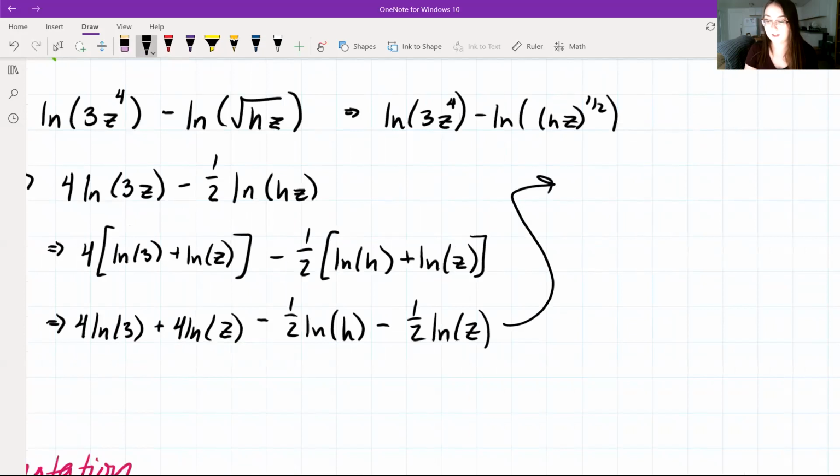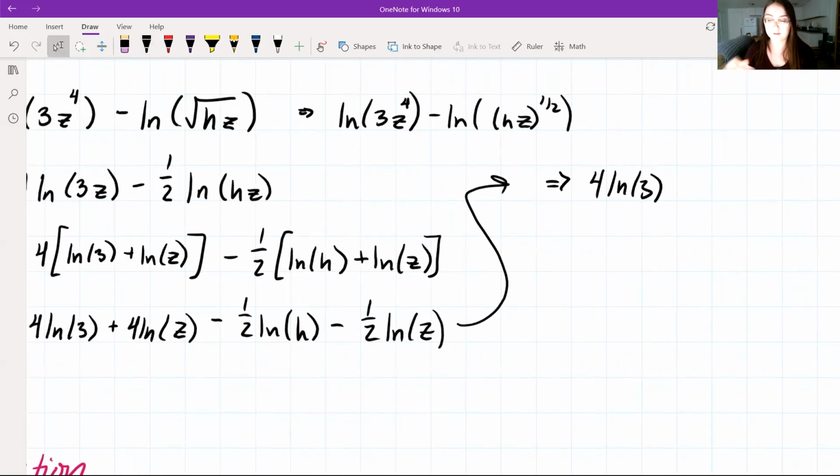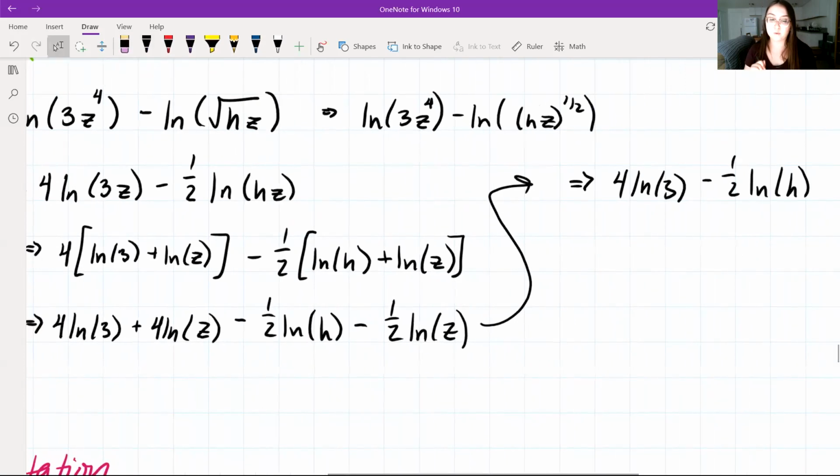So let's bring this up here. And we say that this is going to be equal to 4 times the natural log of 3. Let's leave our z for last, so we'll say minus 1/2 times the natural log of h. And then we have 4 times the natural log of z minus 1/2 times the natural log of z.